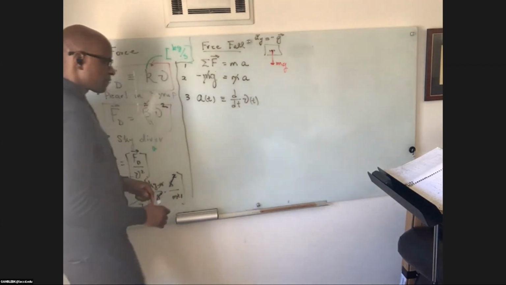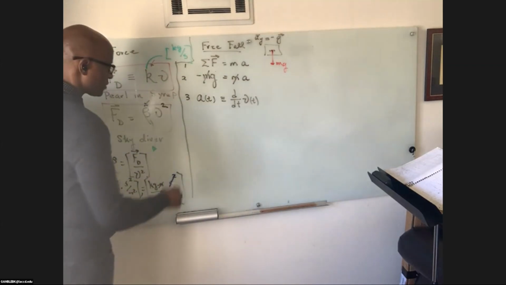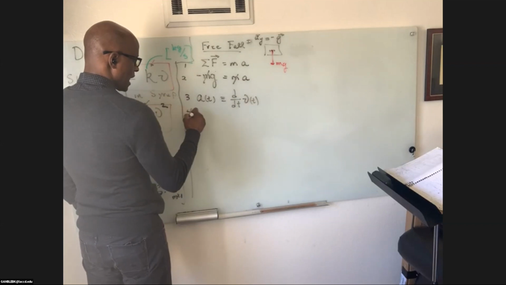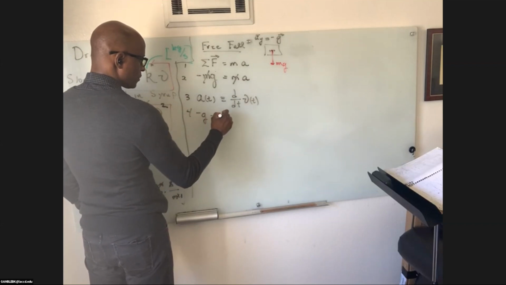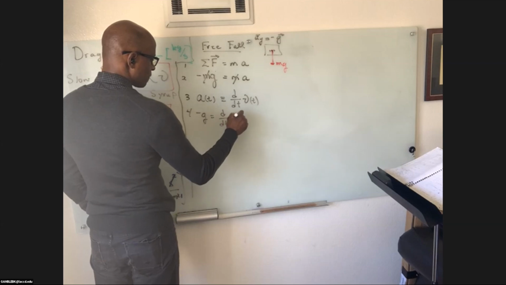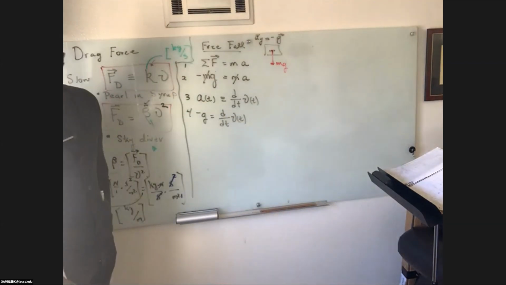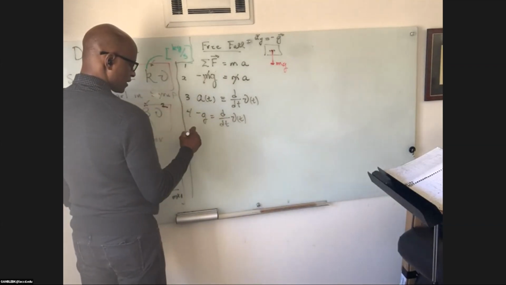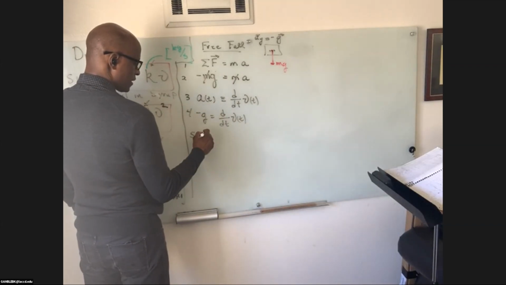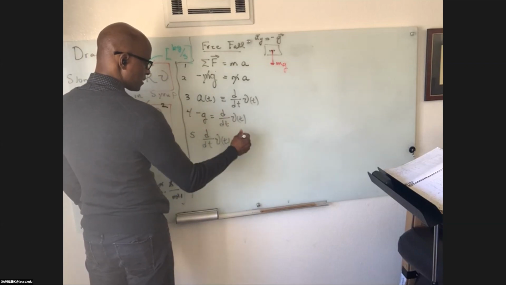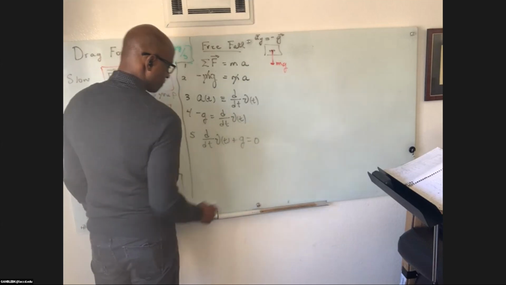So substitute 3 into 2, and I would have minus g is equal to dv/dt. So the differential equation that defines this motion is this. Taking the g to the other side, my differential equation would be the derivative with respect to time of velocity plus g equals 0.